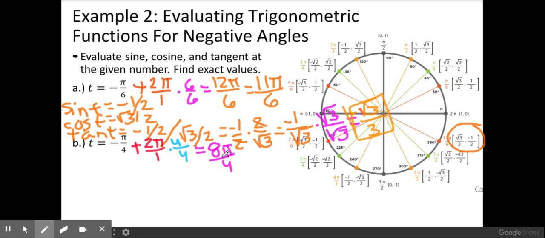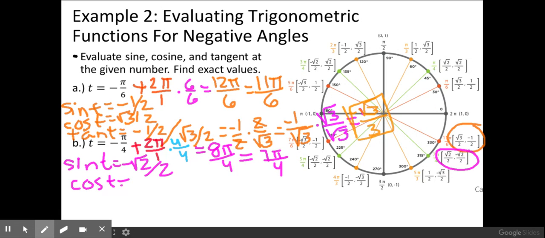So negative pi over 4 plus 8 pi over 4 gives me 7 pi over 4, which is here. So we're going to use this point. So sine of t equals the y value, negative square root 2 over 2.